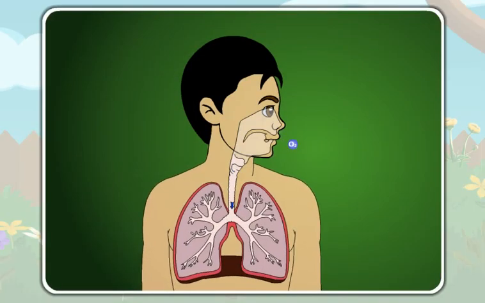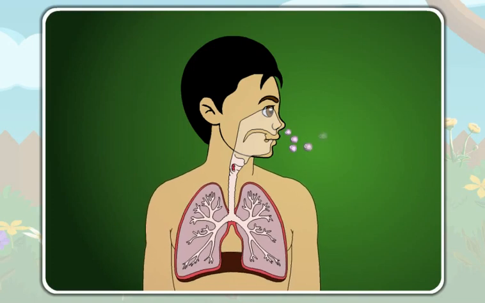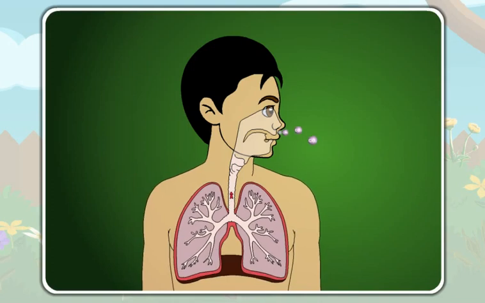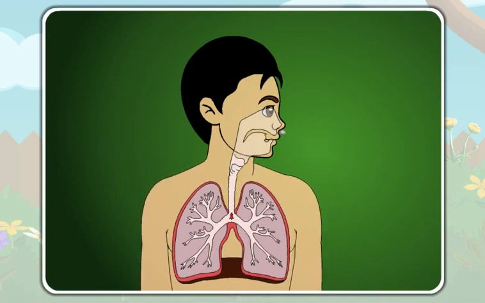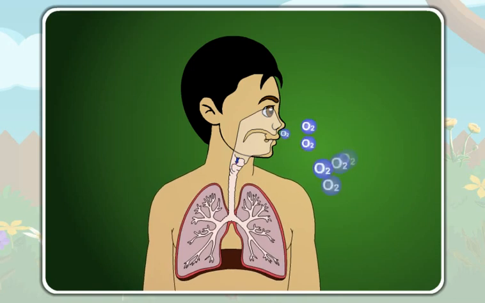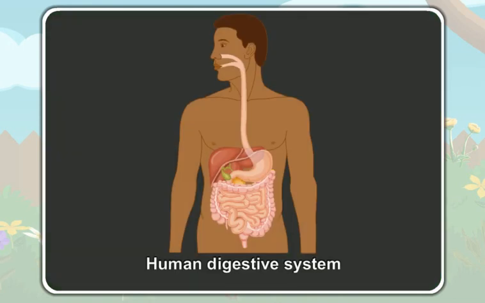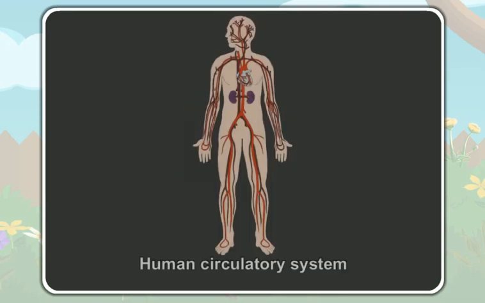You breathe through your lungs, you take in oxygen and throw out carbon dioxide. Your respiratory system is well developed. Likewise, your digestive system is also well developed. Your circulatory system is also well developed.